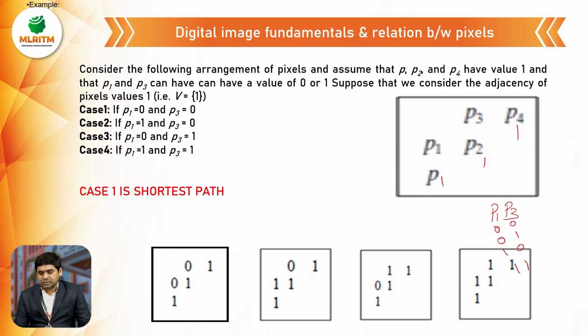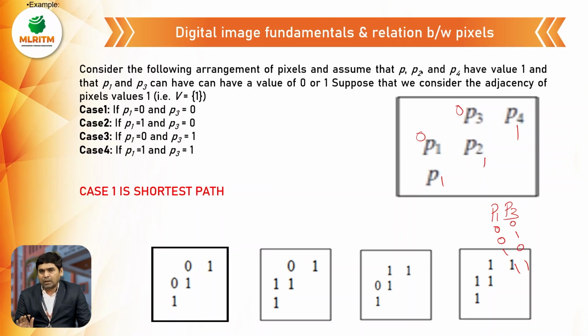Then you can find the shortest path. Here P1 is 0 and P3 is also 0. To find a path between P2 and P4, we only go along the same intensity level.